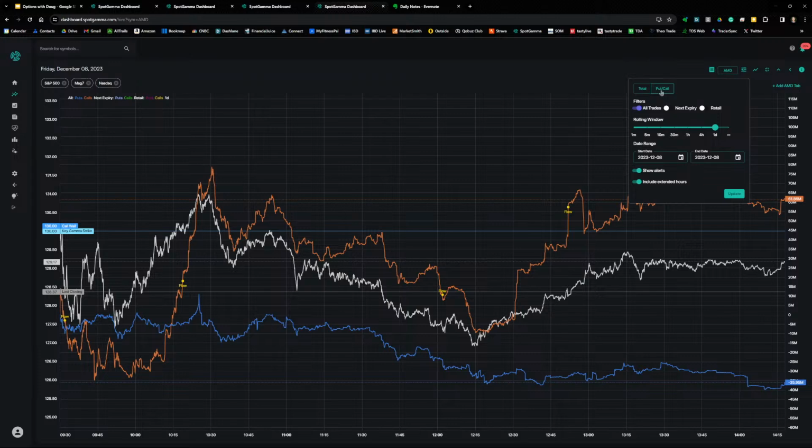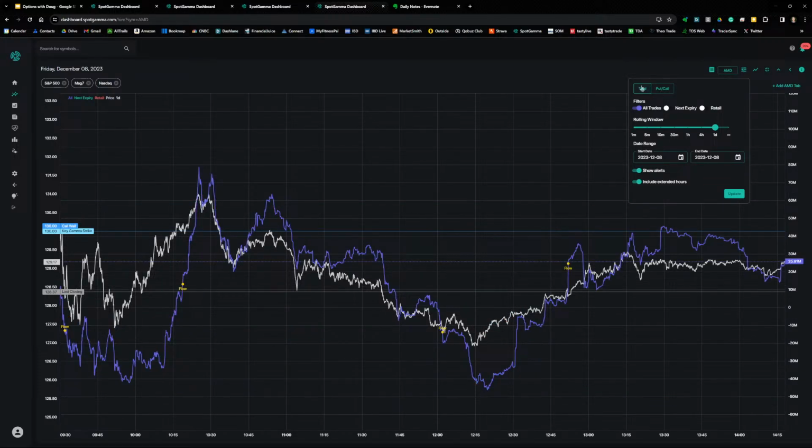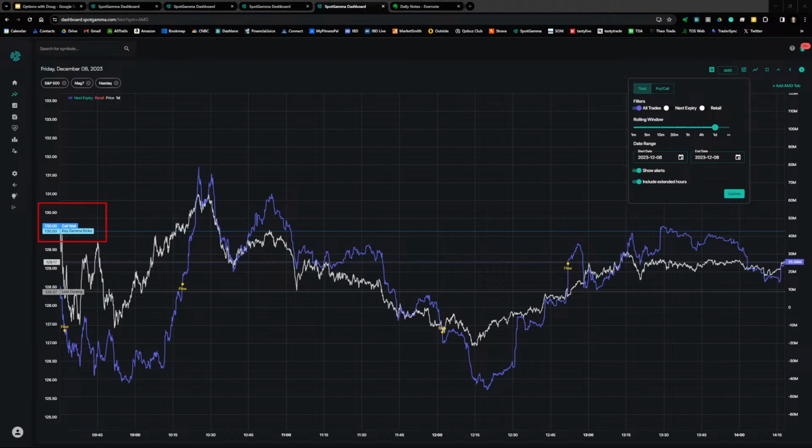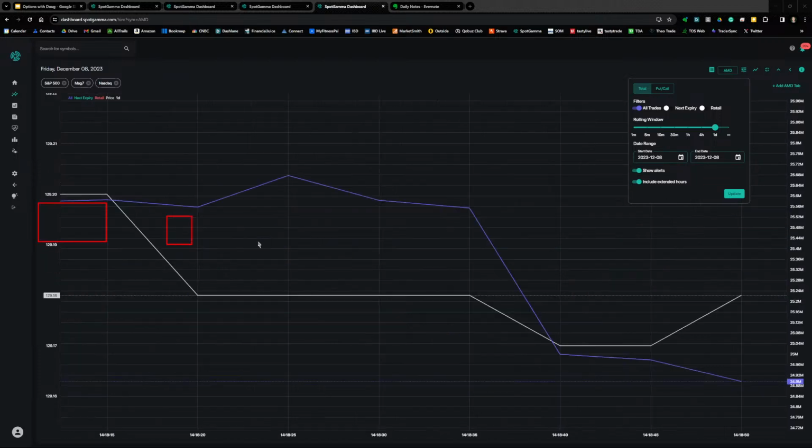And today traders are buying calls, shown by the rising orange line, and they're also buying puts, shown by the falling blue line. Call buyers more aggressive, price action up and down. 130 is the call wall. It's also the key gamma strike. There was a price breach earlier today, and then that level acted as resistance.